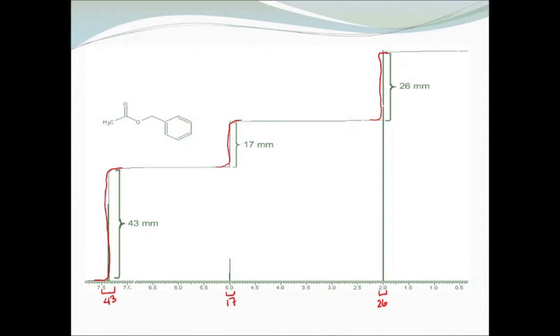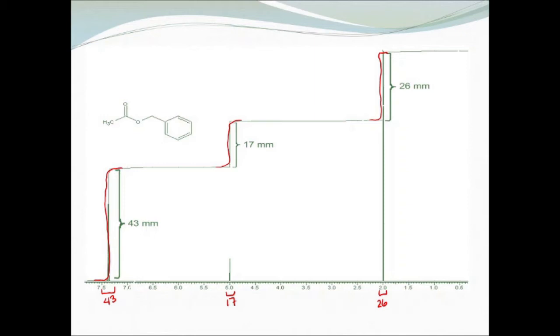To try to get this to some reasonable numbers, you would typically multiply one of these numbers, the 43, the 17, or the 26, by some scaling factor based on what you presume the peak to be representing. So if you think it's a CH3, you would multiply it by the appropriate factor to set it to 3, and you would do so. That same factor would be multiplied against all peaks.